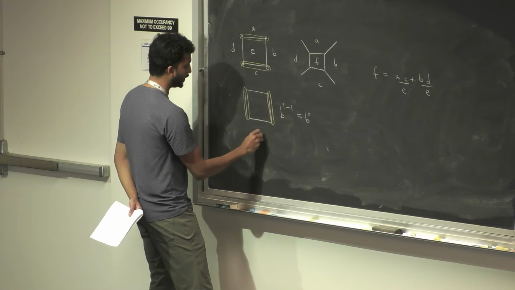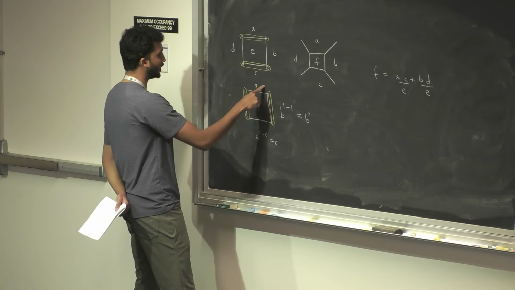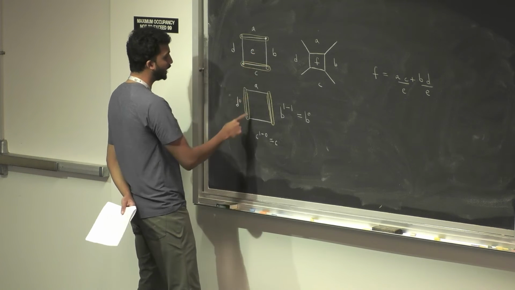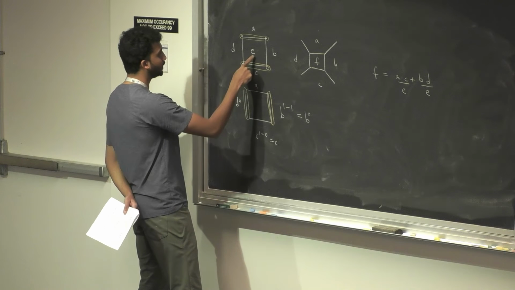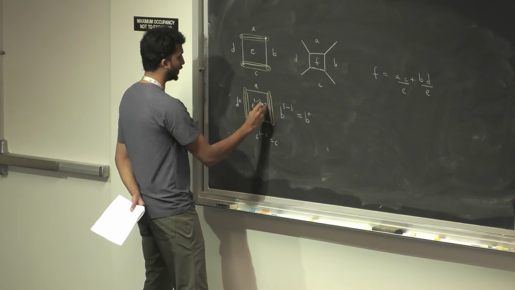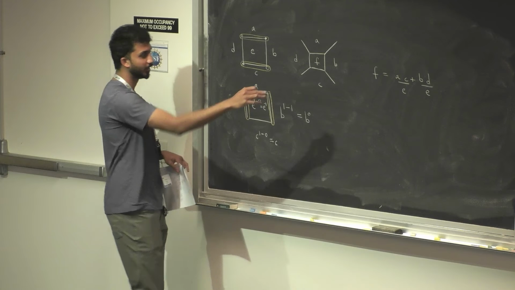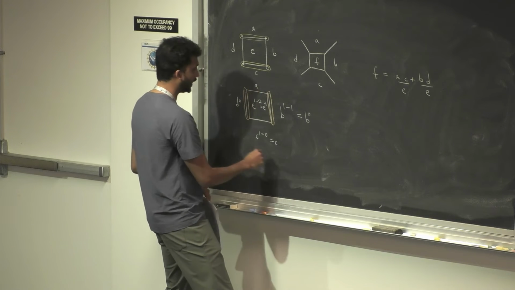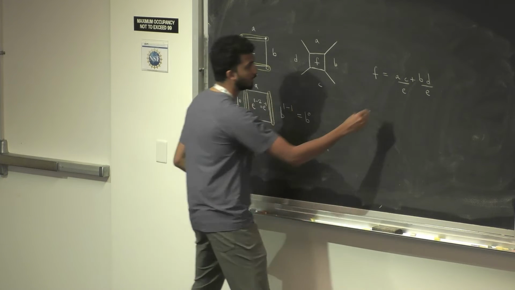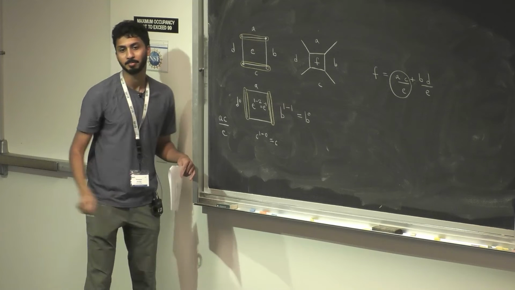C should appear 1 minus 0, so this is just C. A should appear with 1 minus 0, and D should be D to the power 0. And what about E? E should appear with power 1 minus 2, so you should have an E to the power minus 1. So the monomial associated to this perfect matching, according to Speyer's rule, is AC over E. And that's this term over here. And by symmetry, you see that this has to be BD over E.